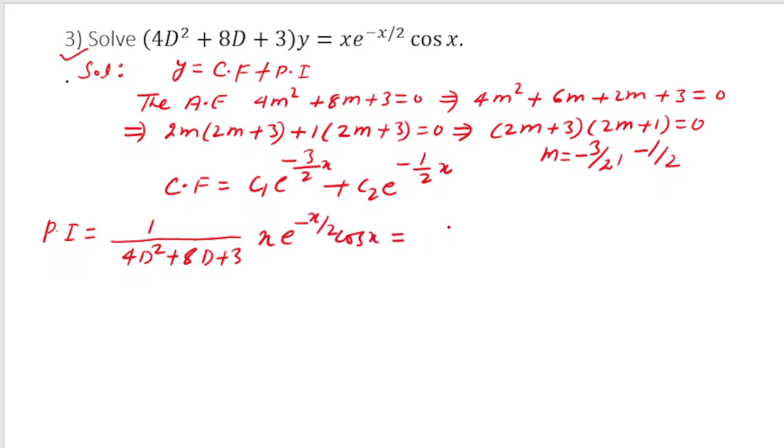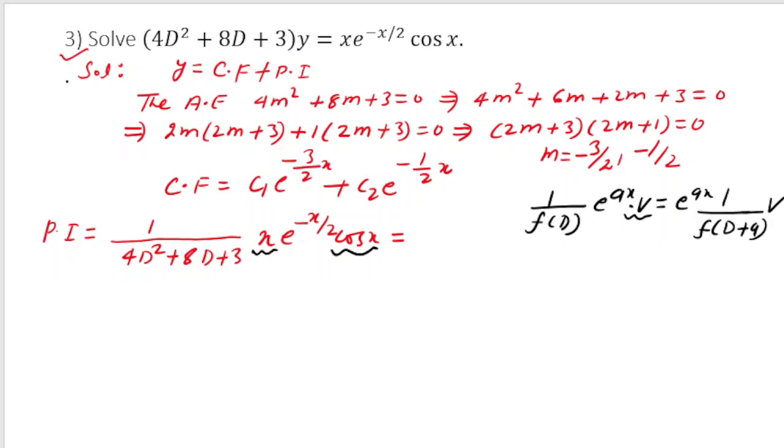The first result that we are going to apply is 1 by f(D) operated on e to the power ax into v, where v is a function of x, is equal to e to the power ax times 1 by f(D plus a) operated on v. Here x and cos x together will be taken as v.